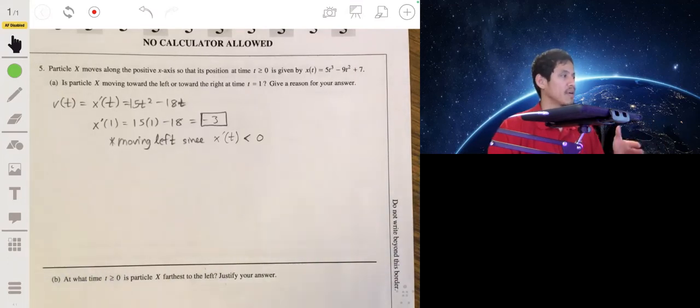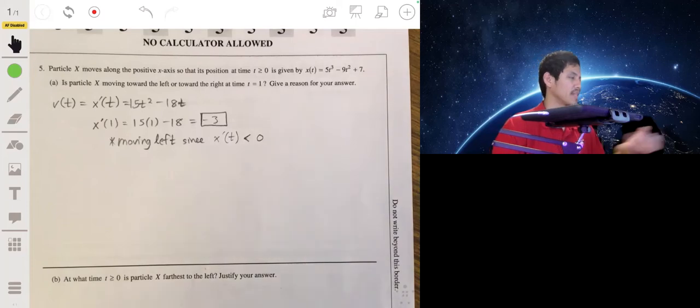So we want to see when it's going to the left and when it changes to the right, and if it goes back to the left and back to the right. Once we know when it's changing position, we look at the intervals for when it's going to the left, and then we just basically take the endpoint, because the longer it's going to the left, the farther to the left it's going to end up being.